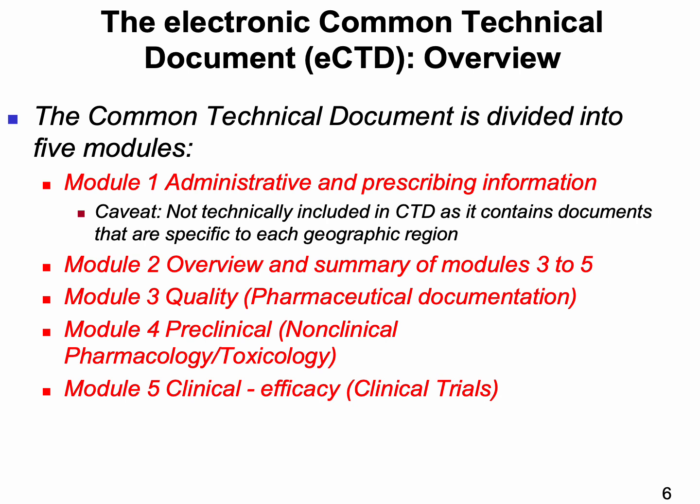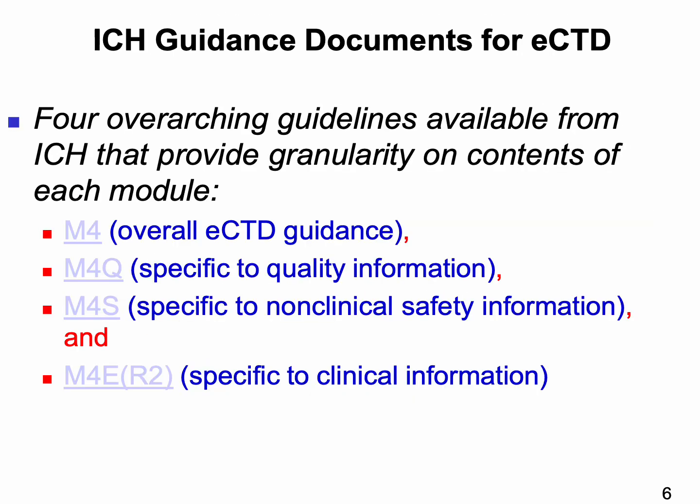Now, the common technical document, as I already explained to you, is divided into 5 modules. Those modules are already written in this slide. Now, I would like to go deeper into the discussion with the ICH standards.